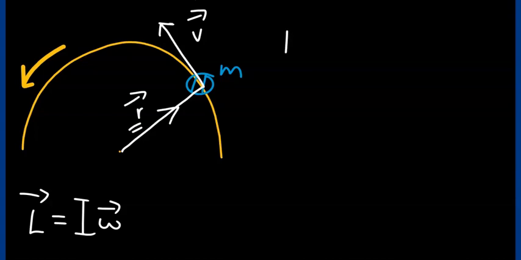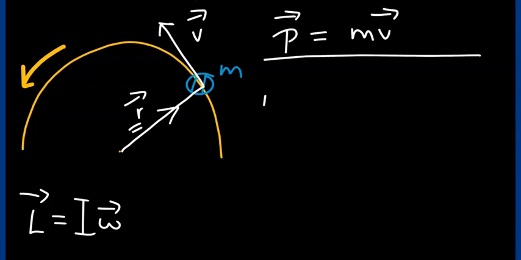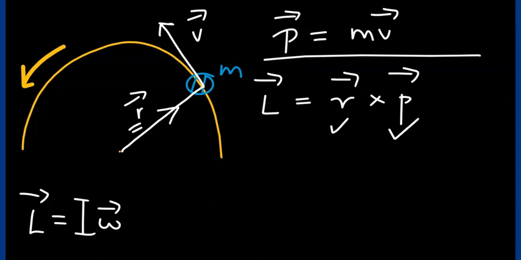We know the mass m has linear momentum defined in this manner. The angular momentum for such a point particle can be defined in a more basic way as the cross product of two vectors, the position vector r and the linear momentum vector p.